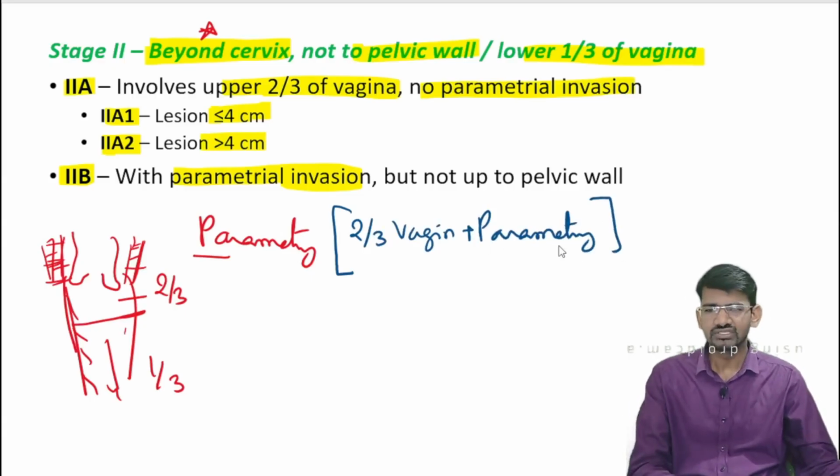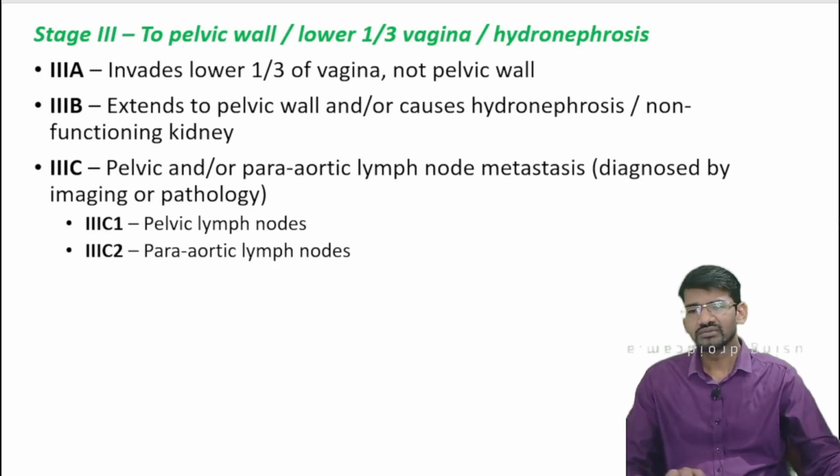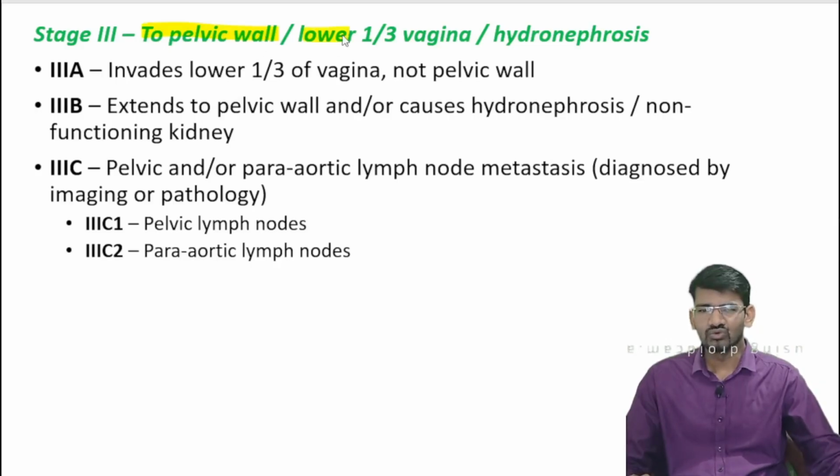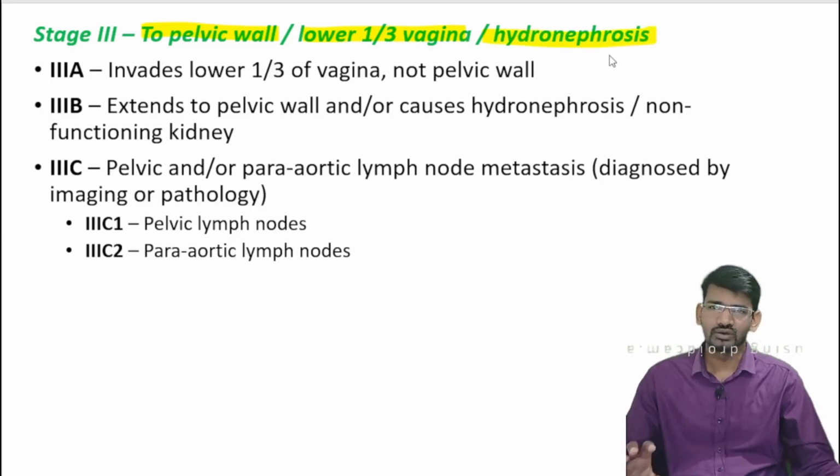In stage 3, there is invasion of the pelvic wall and the lower one third of the vagina, and even the kidneys and ureters are involved in the cancer process. Again, based on the involvement, there are subtypes 3A, 3B, and 3C.